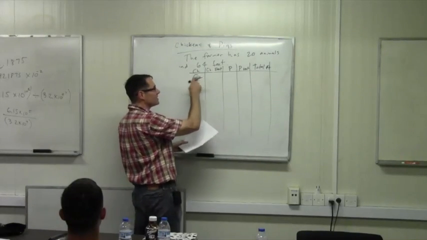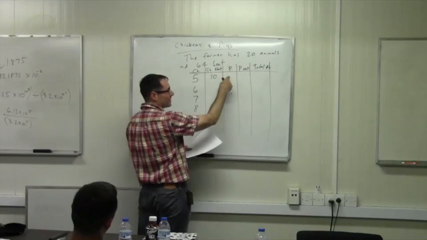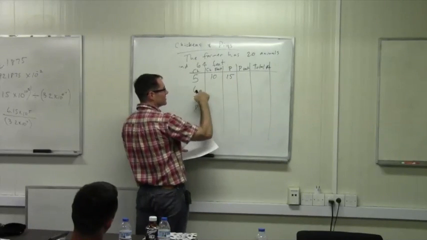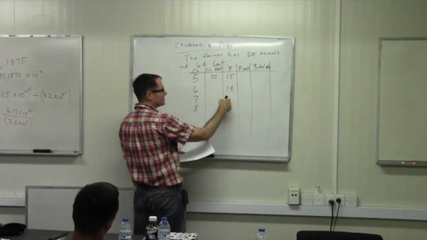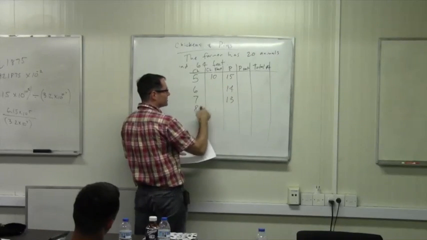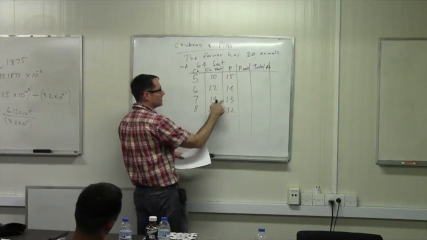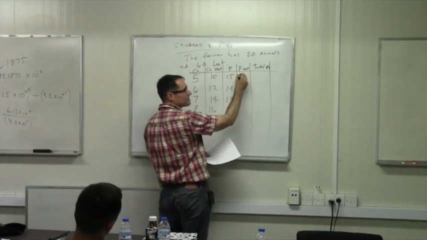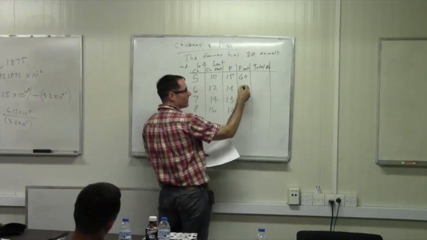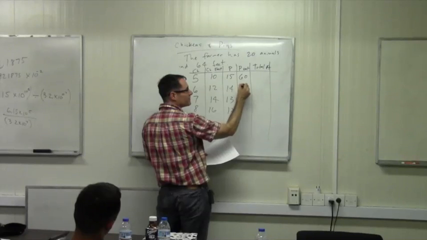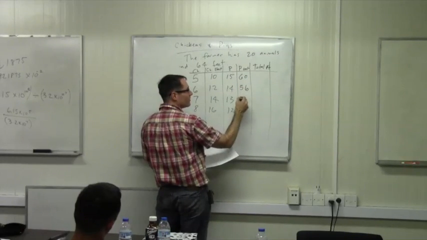Okay, 5 chickens, how many feet do you have? 10. That means if you have 5 chickens, you have how many pigs? 15. Let's just do this. 6 chickens means you have how many pigs? 14. 7 chickens mean you have 13. 8 chickens, 12, right? Okay. 15 times 4 is 60. 14 times 4 is 54. 13 times 4 is 52.